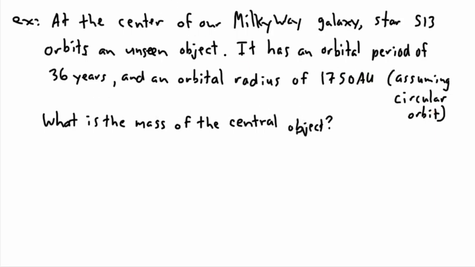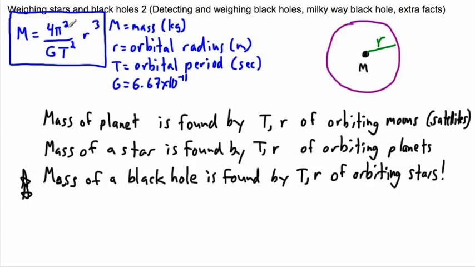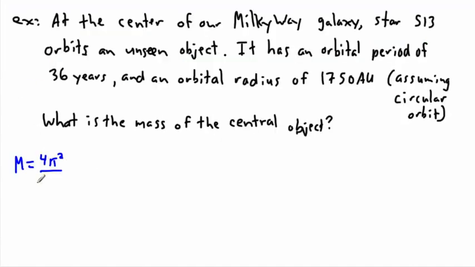Well, we're going to use this same equation that we've been talking about here. So m is going to be equal to, we're going to use the same one here, 4 pi squared over, and if we forget it, we can always go back, 4 pi squared over G T squared, r cubed. All we have to do then is get everything in the proper units. So let's maybe work on the period here.